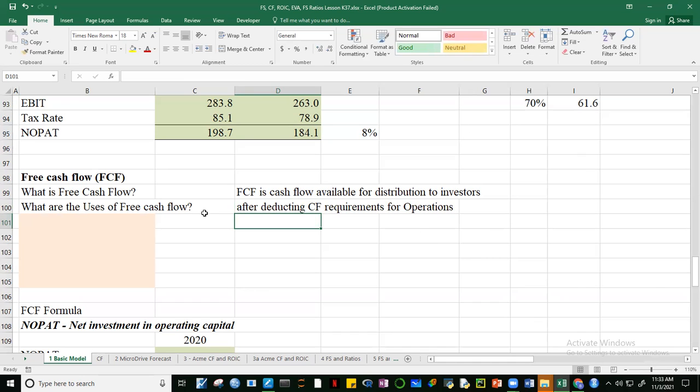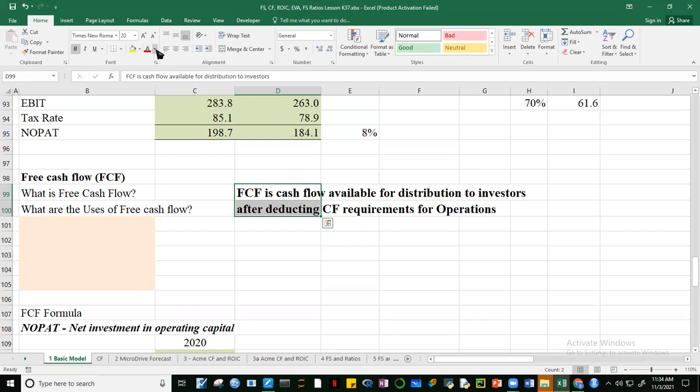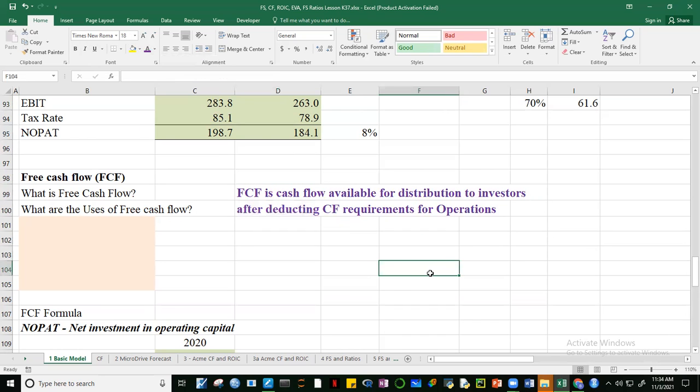Okay. So that's how we define free cash flow. Free cash flow is cash flow available for distributions to investors after deducting cash flow requirements for operations.